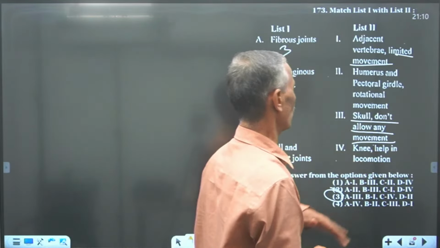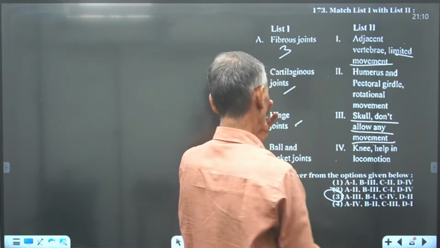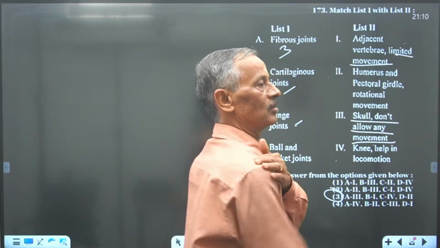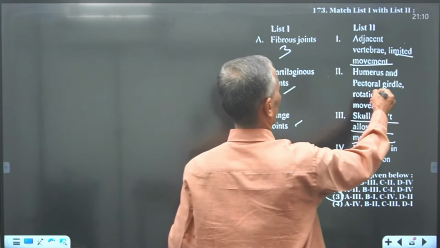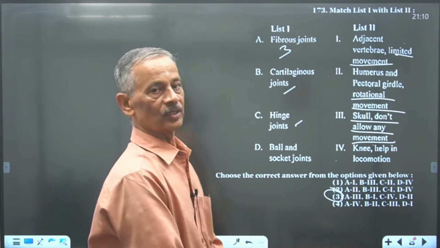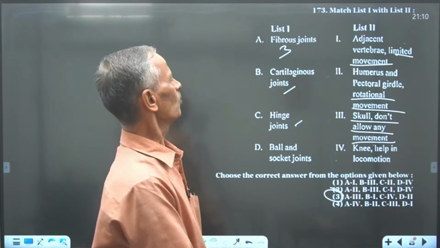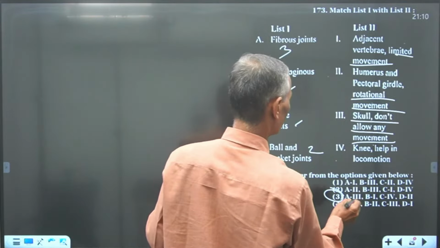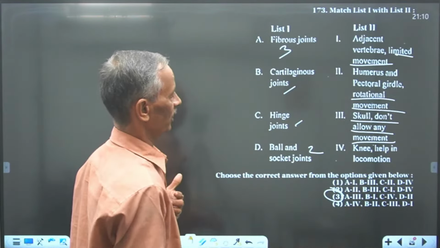Knee, help in locomotion, correct. Ball and socket, maximum degree of movement, multi-axial, okay. Humerus and pectoral girdle, rotational movement. It is providing maximum degree of movement. So the option is confirmed as 3.